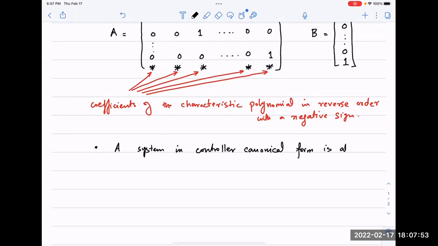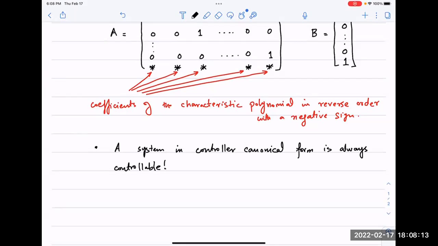In other words, only a controllable system can be converted into a controller canonical form.